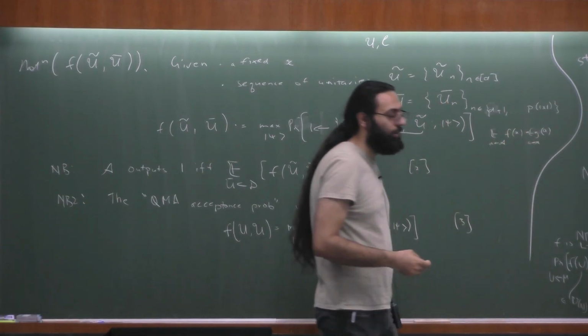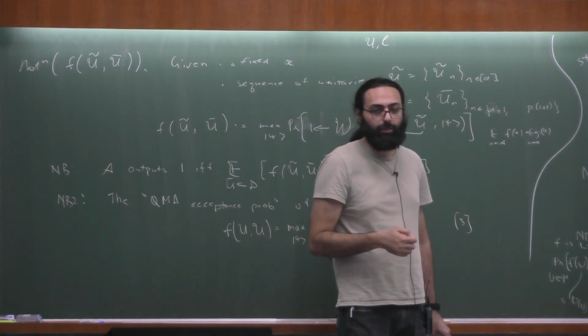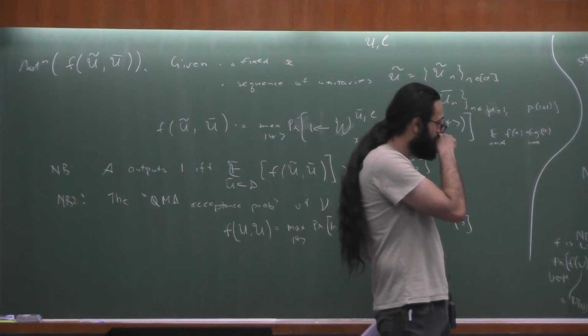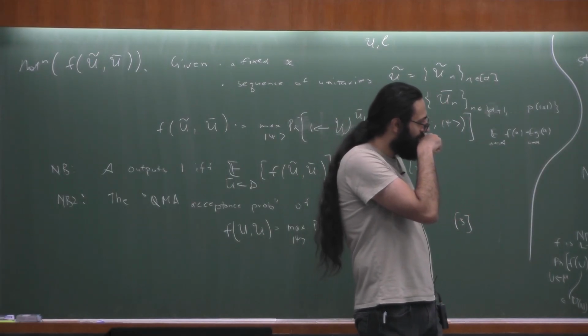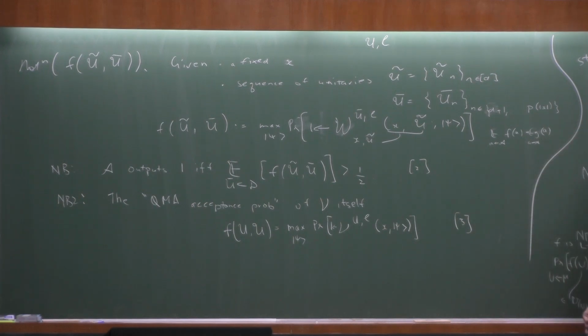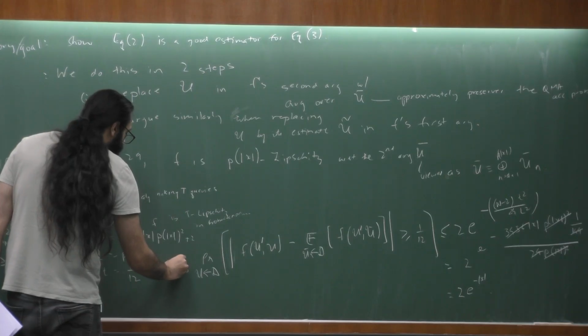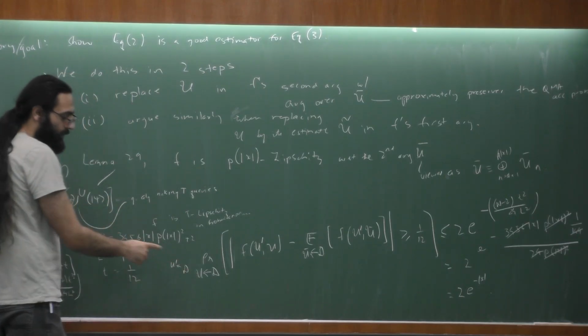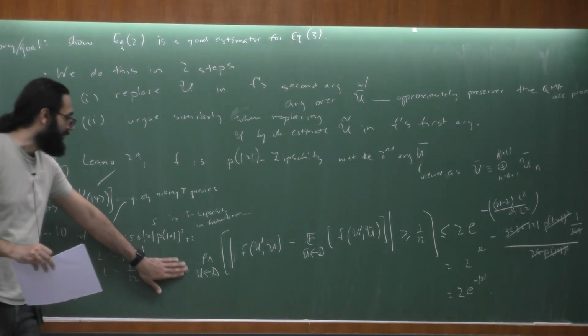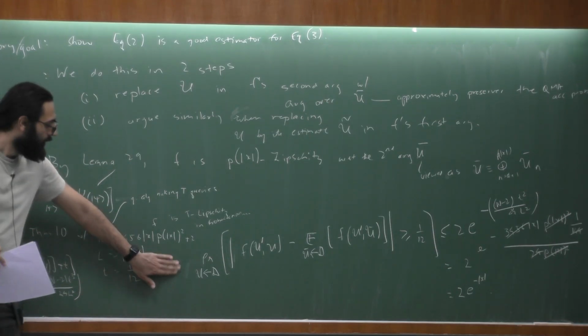Since we know it's true for all u prime, you can in particular take... But I'm not so sure. Let's try to separate from the average. So I can probably take a different u and put u prime. Then it's okay, but if it's the same u, then I'm a little bit concerned. So I'm not fully sure it's true. But let's see how it's being used in the proof.